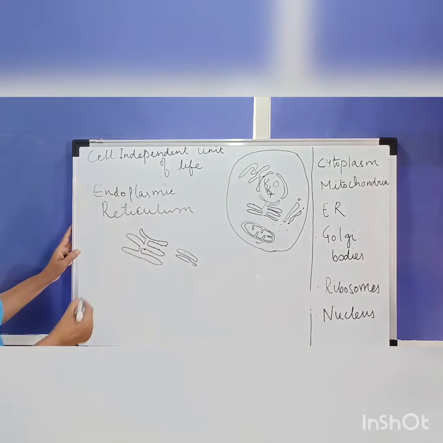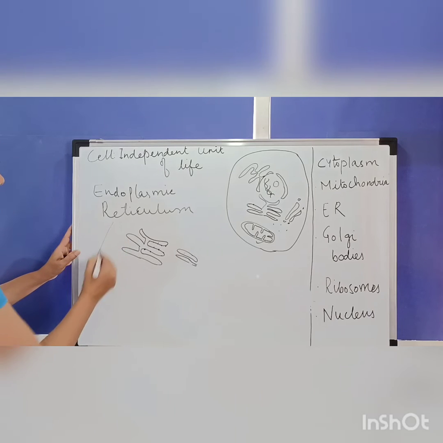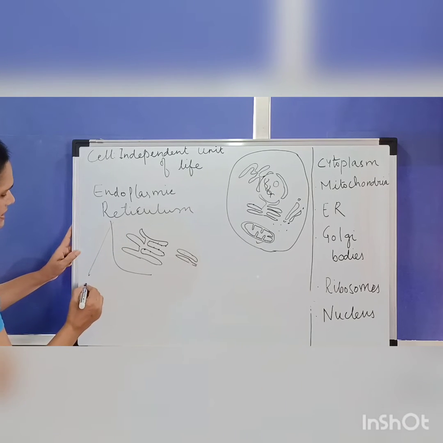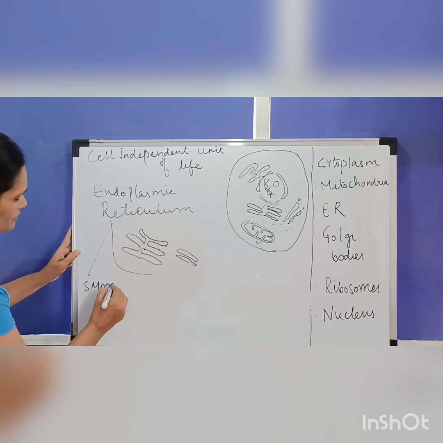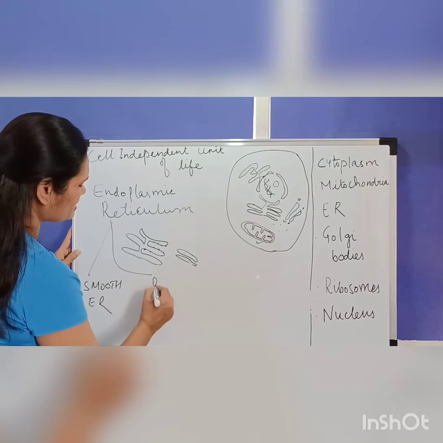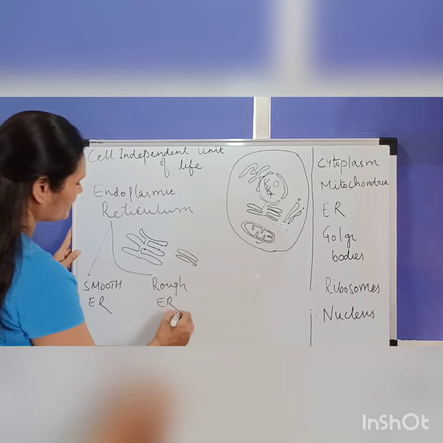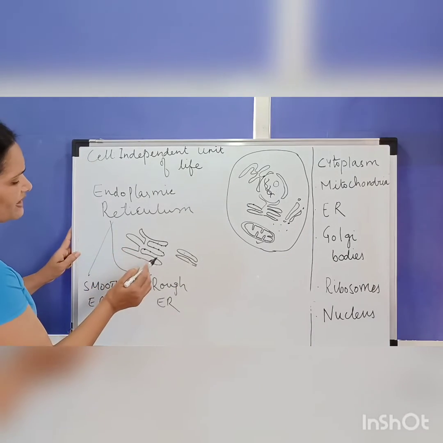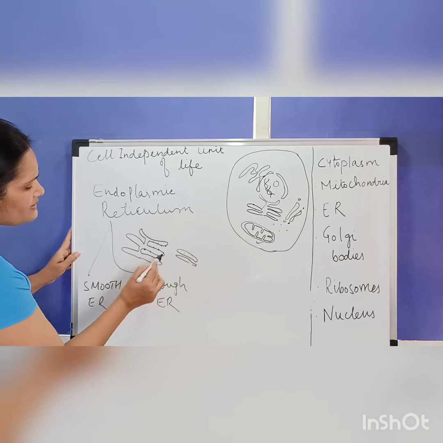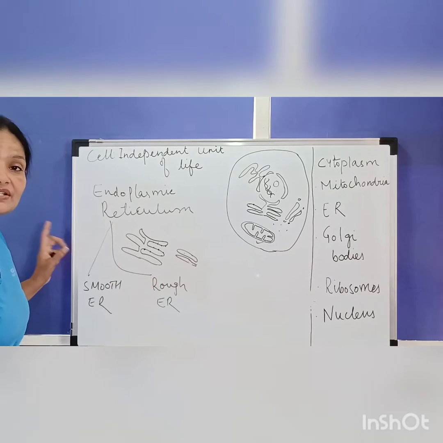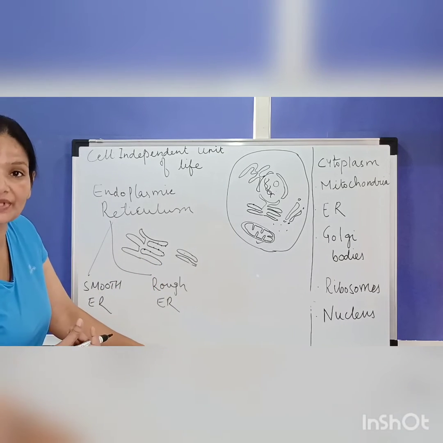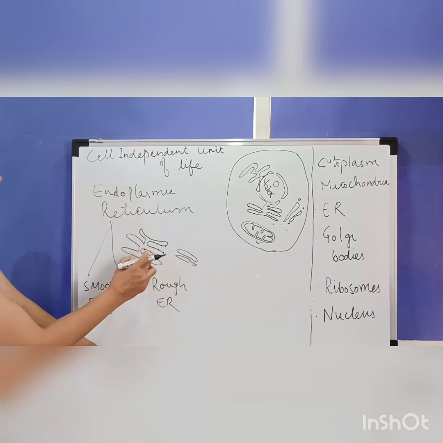So this endoplasmic reticulum is of two types. One is smooth endoplasmic reticulum and the other one is rough endoplasmic reticulum. Smooth endoplasmic reticulum does not have these dot-like structures, so it is very smooth, right? These dot-like structures are ribosomes.